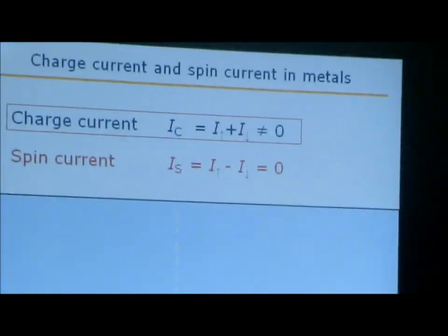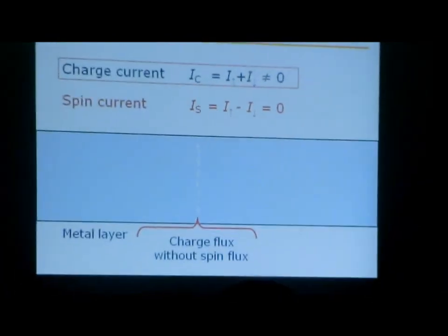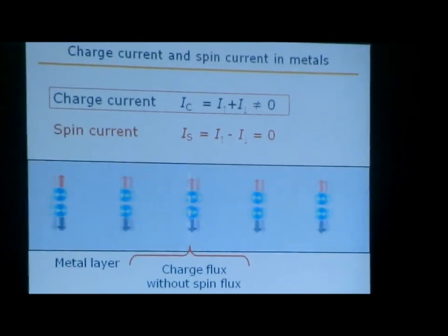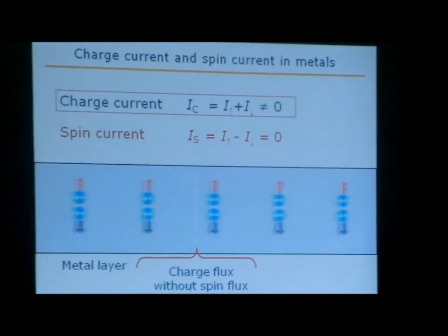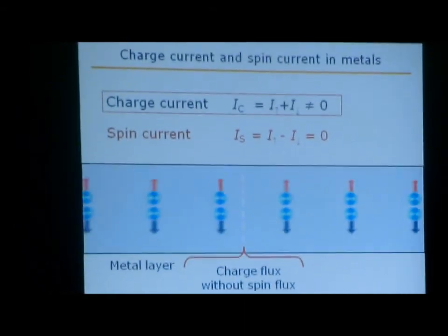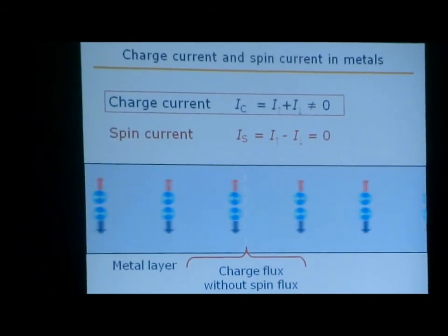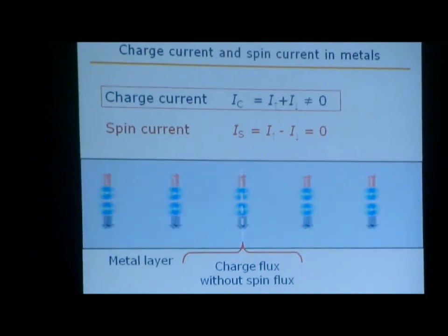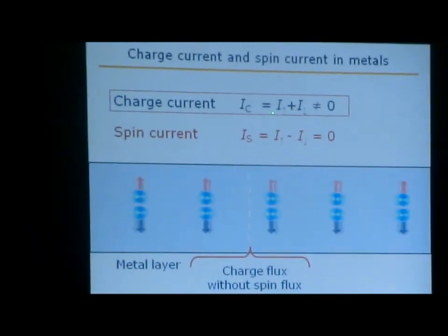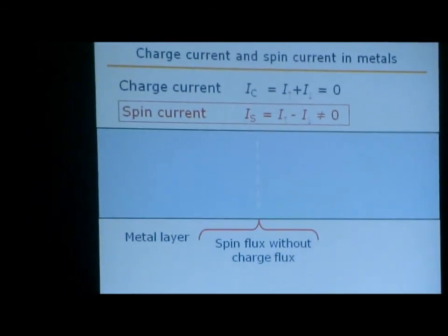Well, let's come back to the spin current. This is a very good illustration of a charge current. Electrons move in the same direction with the spins in the opposite direction, so we have a charge current but no spin current.